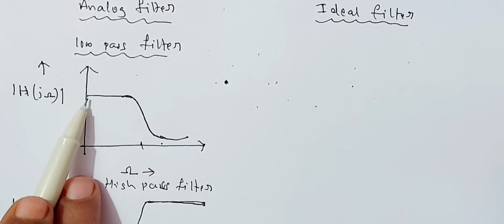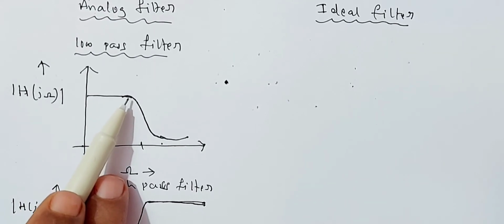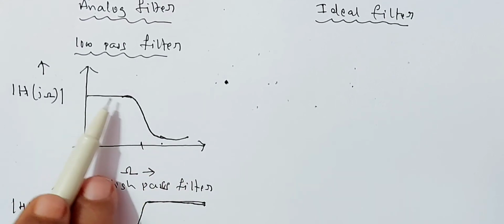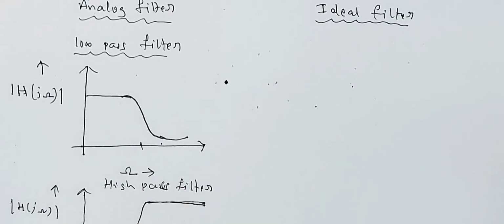It has three portions: pass band, transition band and stop band. So all the three portions the analog filter will have. Therefore, the analog filter gives you the actual behavior of the filter, but it is not the expected one.